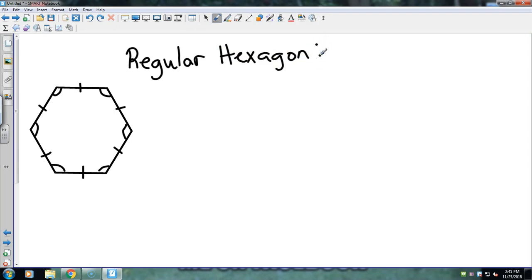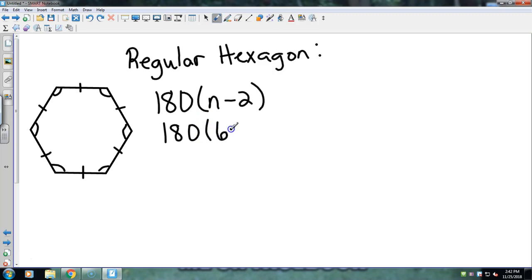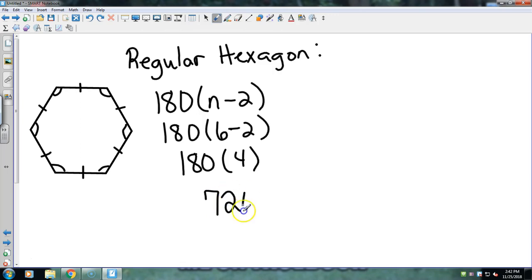And so I'm going to use my 180 times n minus 2. That's my interior angle sum theorem. And in place of n, I'm going to put 6, because it's a hexagon. So 6 minus 2. So that's going to be 180 times 4, which is 720. That means all 6 angles add up to be 720.